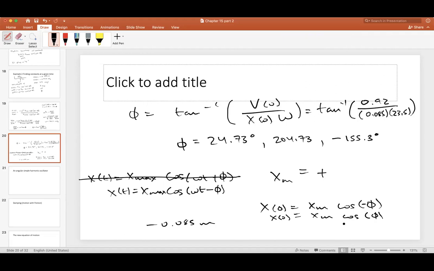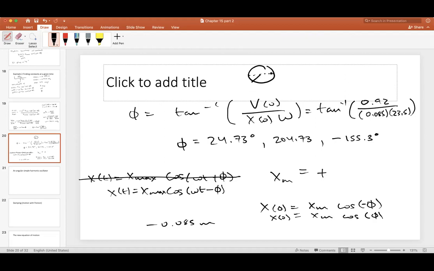What is cosine of negative 155.3? It's negative. They're the same angle, right? So we can choose either of those. The thing is, and this is where things get hokey and weird, cosine of 204 is wherever, right here, ish.